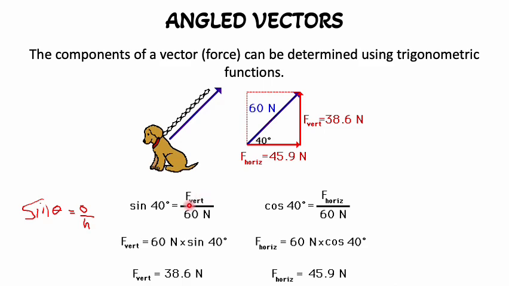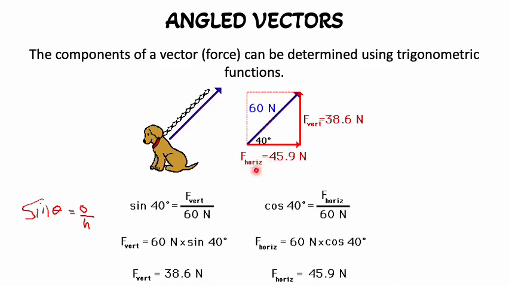So you can write it here. Sine 40 is equal to the y component all over the hypotenuse, which is the force, 60 newtons. So rewriting the formula, you can now get the value for the y component. So it is 38.6 newtons.